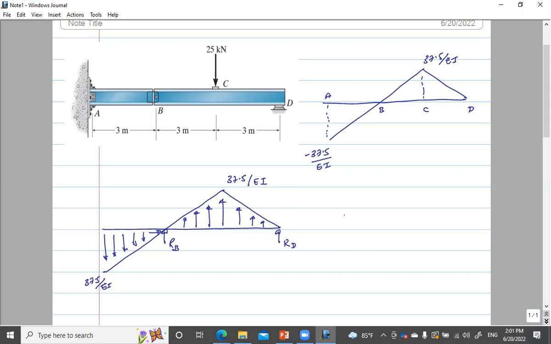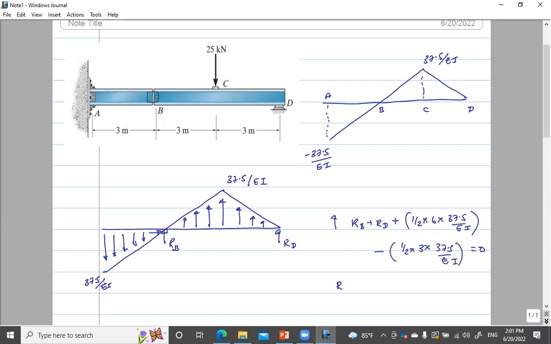So if you consider this applied upward, RB plus RD plus the load on the upper side, that is half times 6 times 37.5 over EI, minus half times 3 times 37.5 over EI is equal to 0.